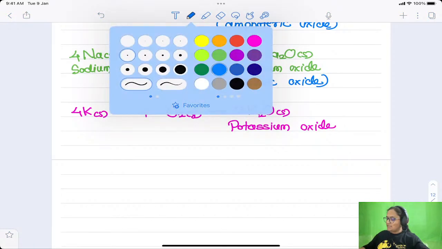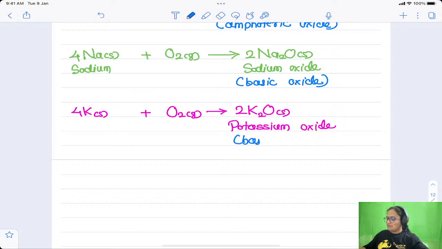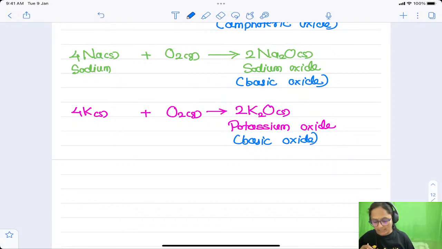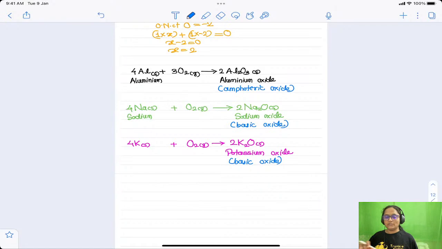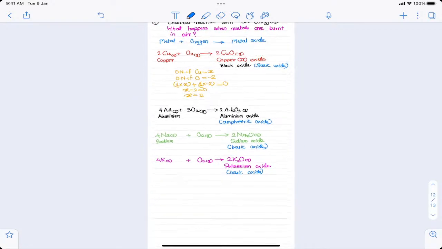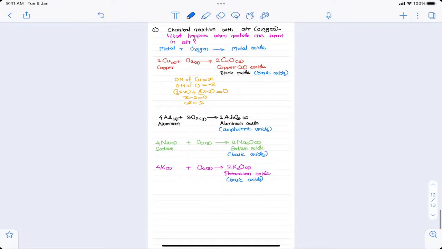It is also a basic oxide. So here I have written 4 examples: copper oxide, aluminum oxide, sodium oxide and potassium oxide. Now you guys can do one thing. First of all, take a screenshot of all these 4 reactions.